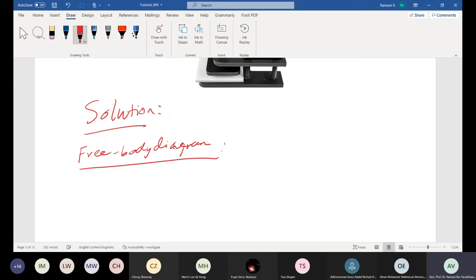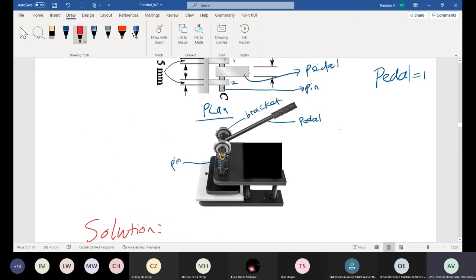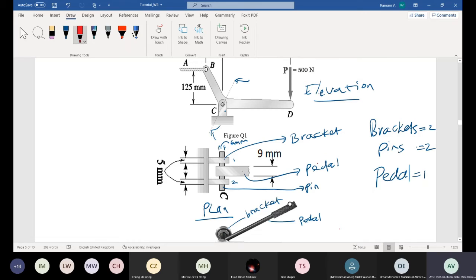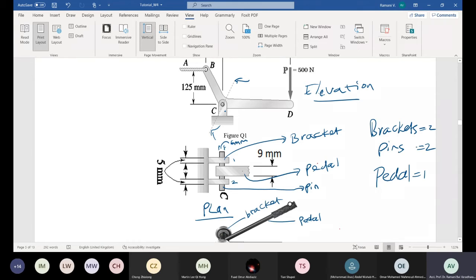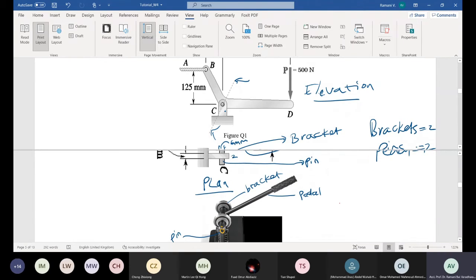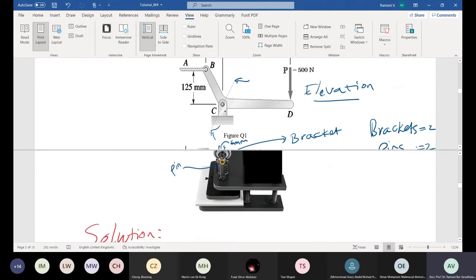My handwriting is very poor. Okay, start with members. What are the members? There is a support and there is a pedal, right? I do the split. The split is sometimes not moving properly. I cannot even move the split. What is happening to this one?